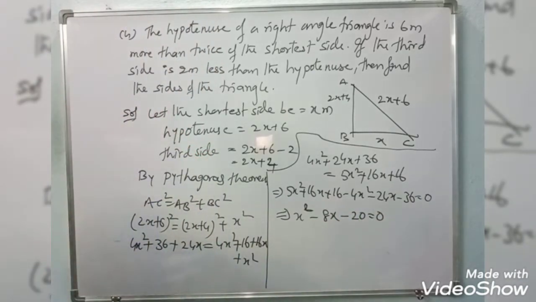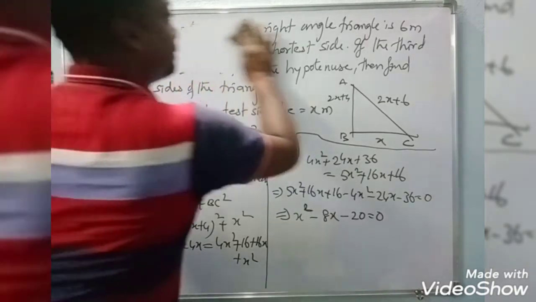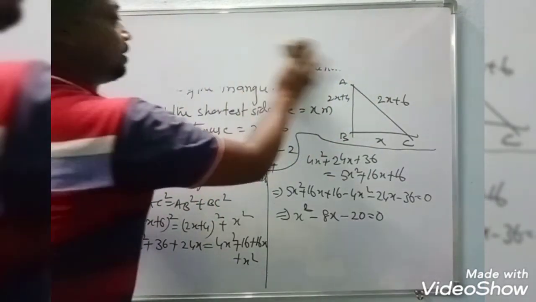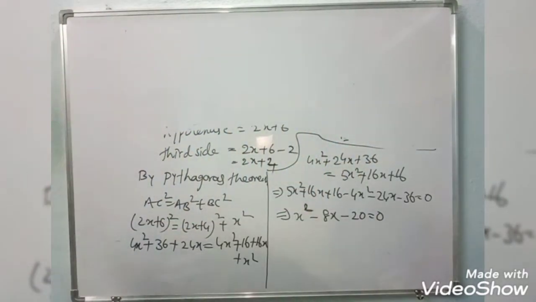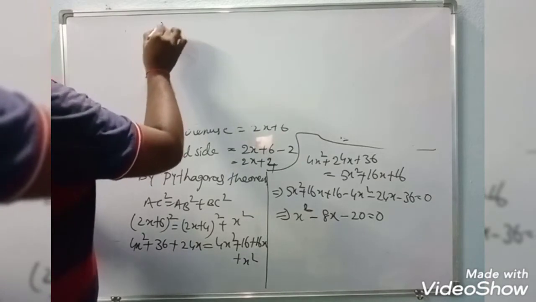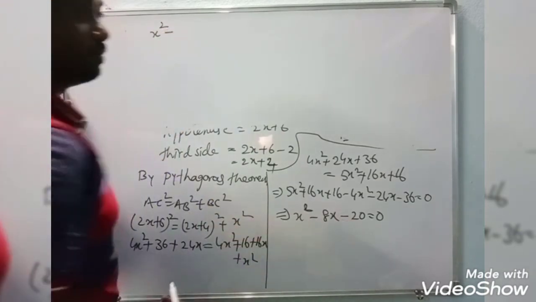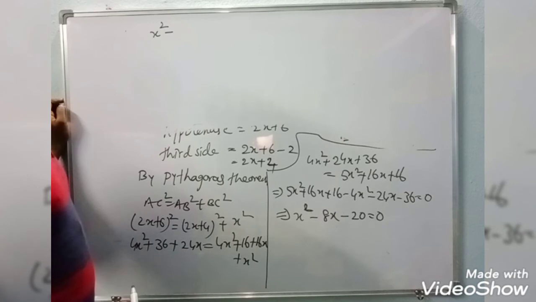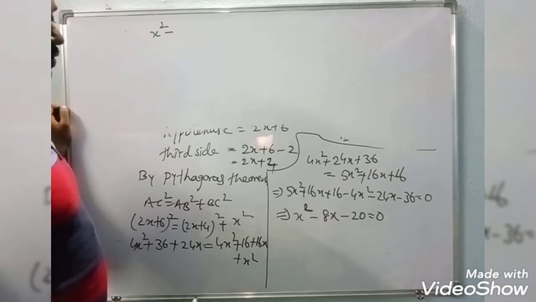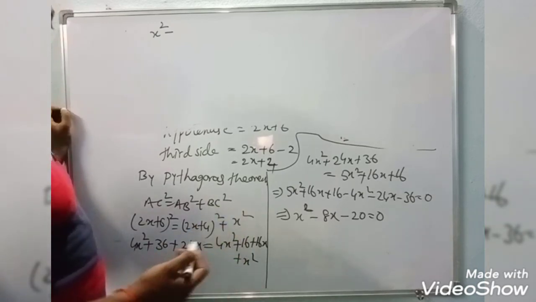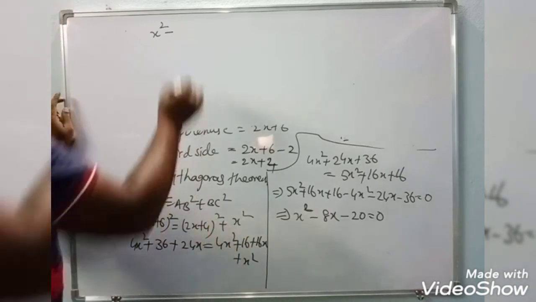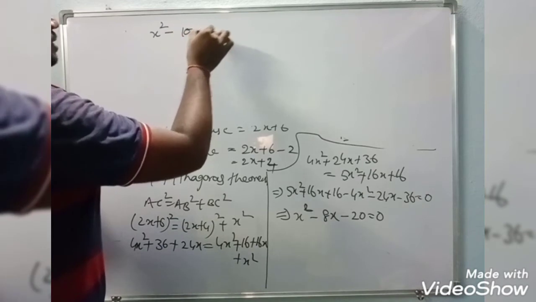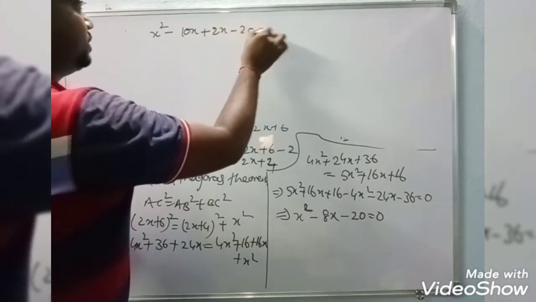Now find the factors of this. If I find the factors, x square minus 8x minus 20. 5 4s are 20, 5 plus 4 is 9, so it is not possible. Next option is what? 10 2s are 20, 10 minus 2 is 8, so I can write as x square minus 10x plus 2x minus 20 is equal to 0.